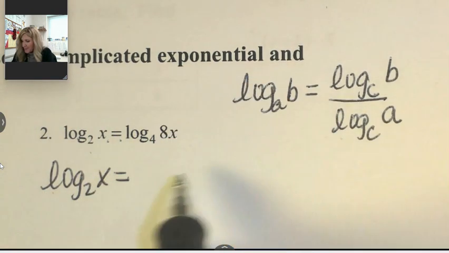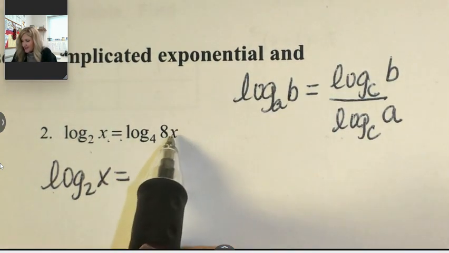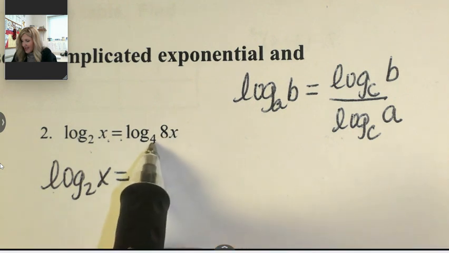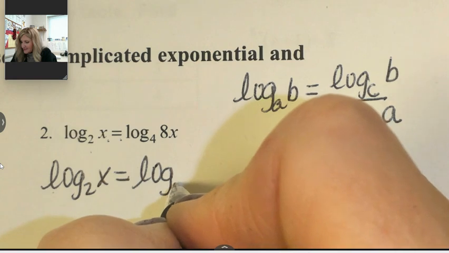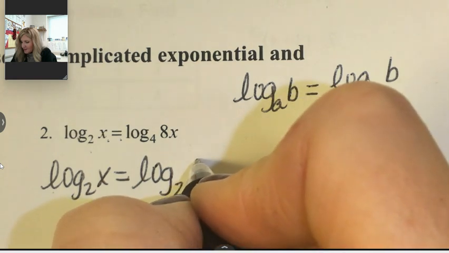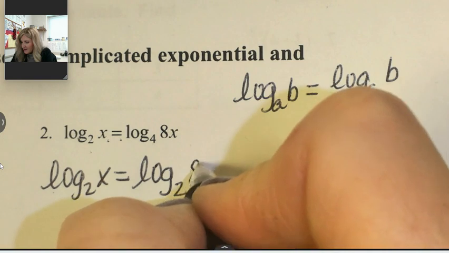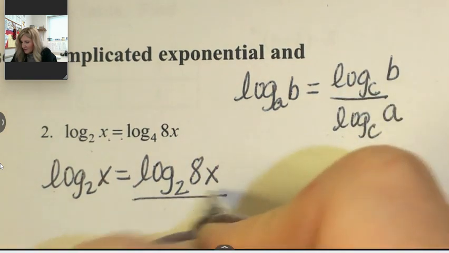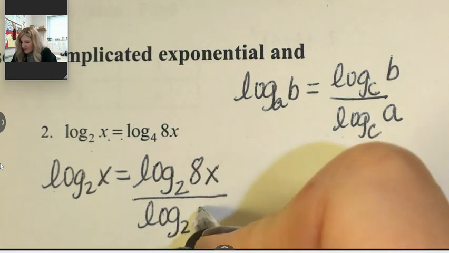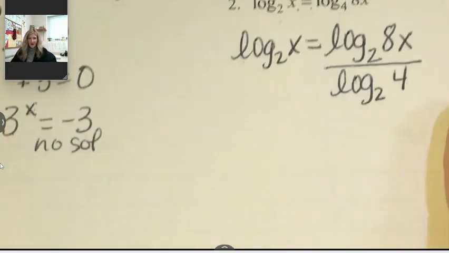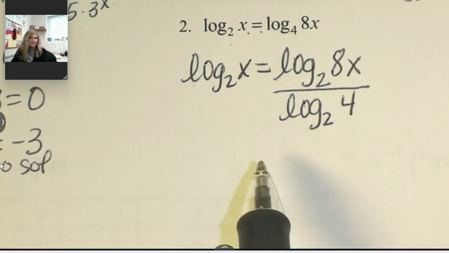Keep it. But I am going to change this. Here's b, here's a. So what's it going to be? Log base 2 of 8x over log base 2 of 4.